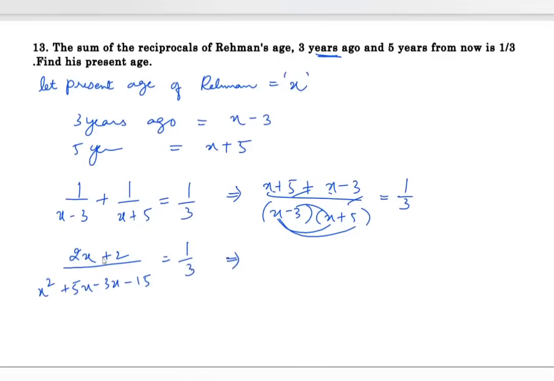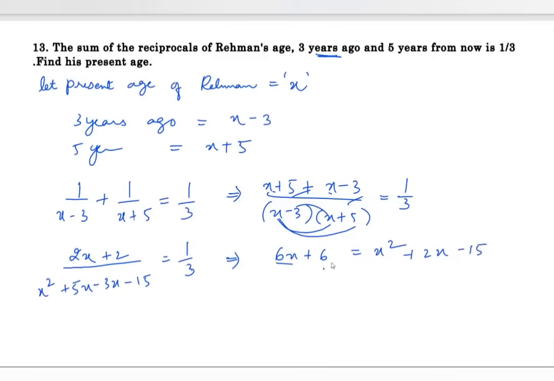Now cross multiply. 3 into 2x is 6x, plus 3 twos are 6, equals x square into 1 is x square. 5x minus 3x is 2x, minus 15 into 1 is minus 15.